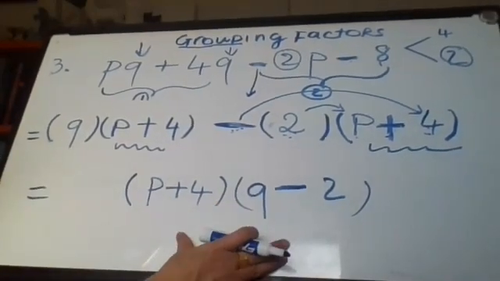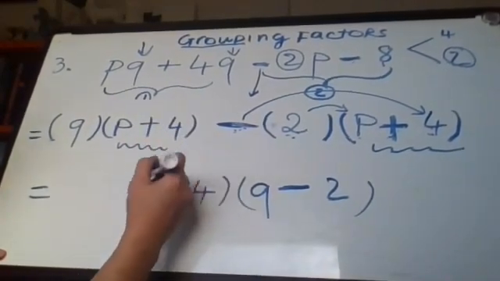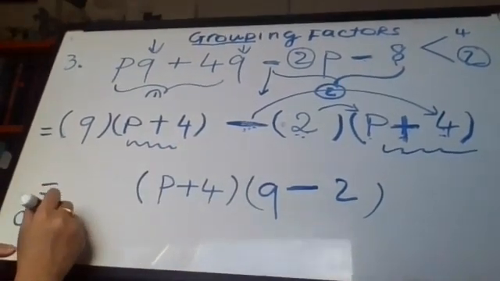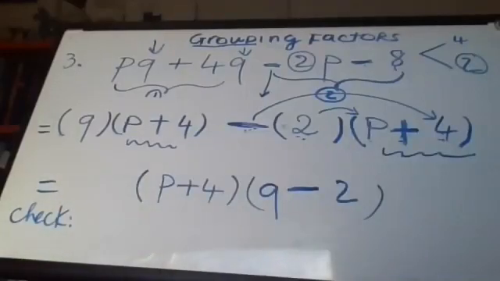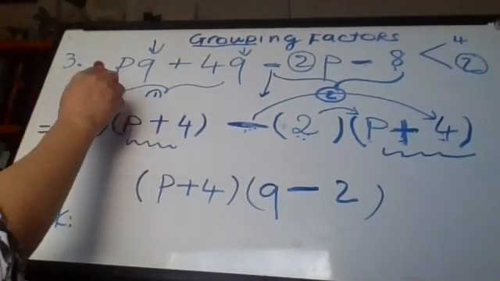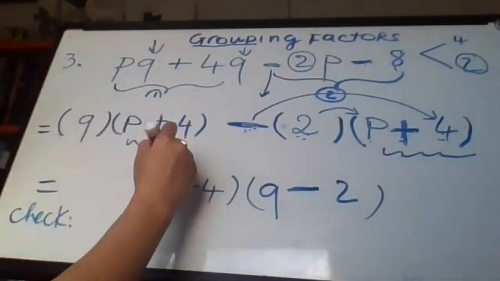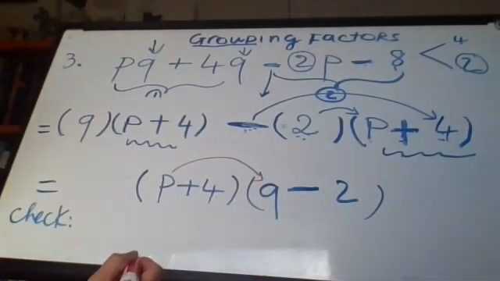Okay, now the last example, and I'm going to check it for you so that you believe me, believe that I'm doing it right. How do I check? I'm going to expand this to see if I can get it back to the first, original expression. So P times Q, right?